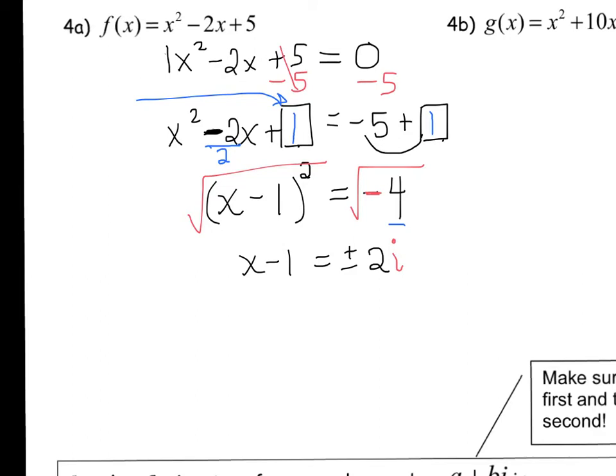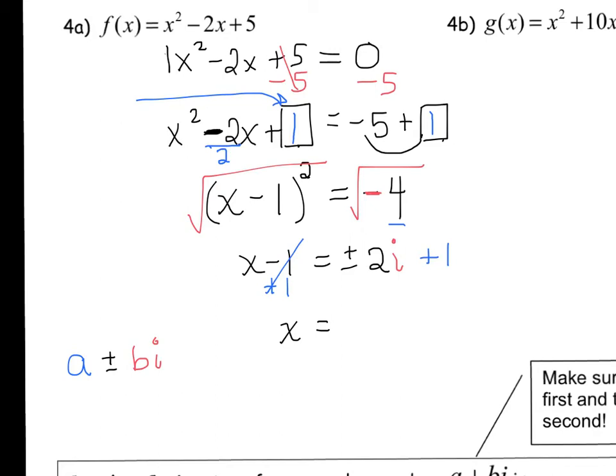The last thing we need to do is get the 1 out of this side, so we're going to add it. The proper way to write the answer is in the complex number form, where the real part is first, then either your plus or minus sign, and then the imaginary part is second.